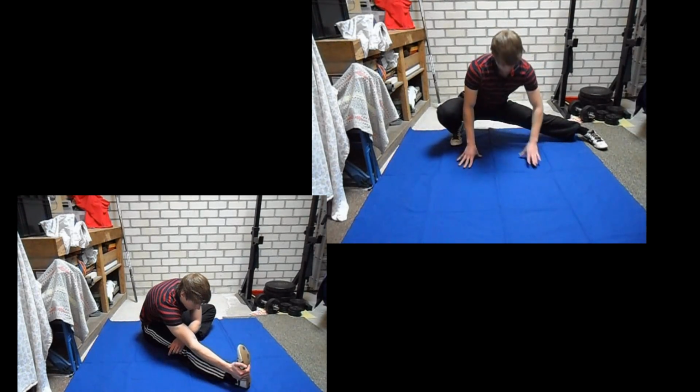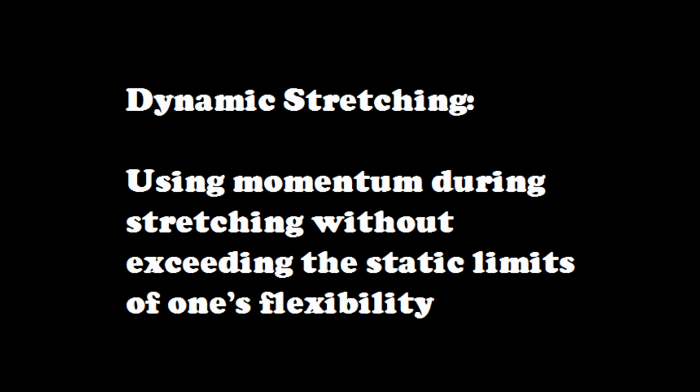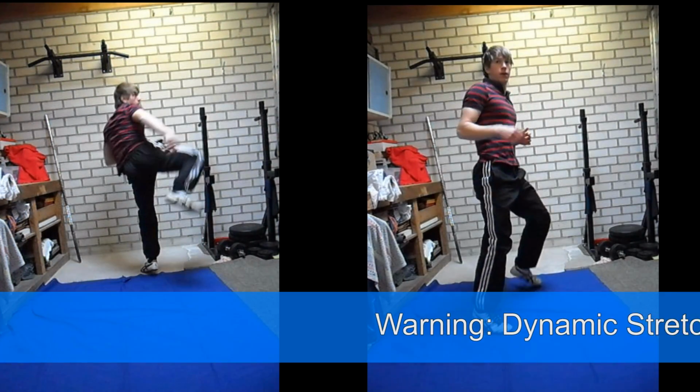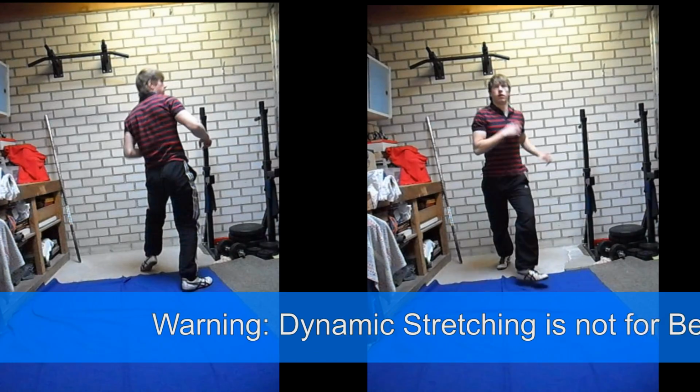Then there is dynamic stretching, which often has a very bad name, but it is actually a decent way of getting more flexible. Dynamic stretching is using momentum during stretching without exceeding the static limits of one's flexibility. Performing something like a high kick requires dynamic flexibility.